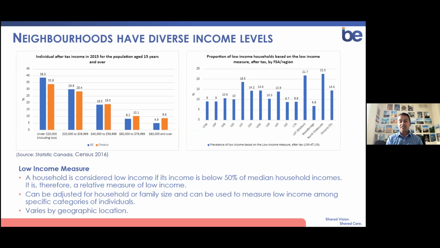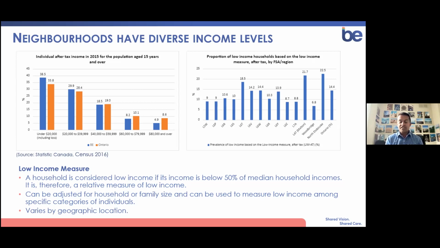The diverse levels of income, when we really start looking at our neighborhoods. The chart on the left identifies the fact that the proportion of our population that is low income is greater than what's seen in the province.